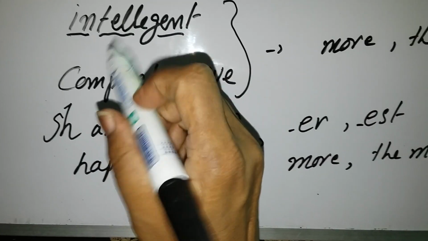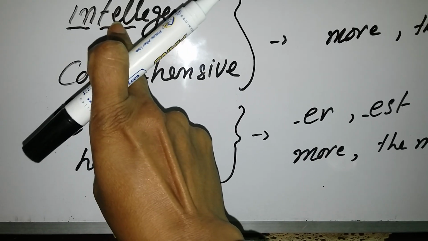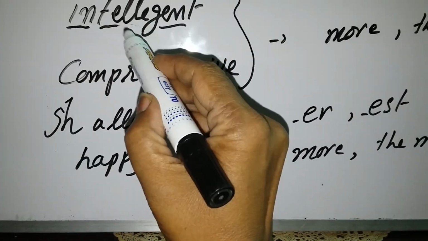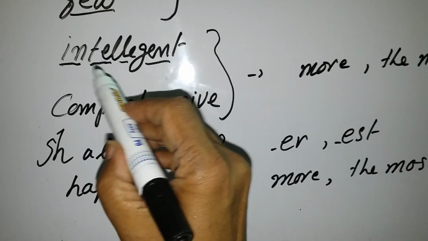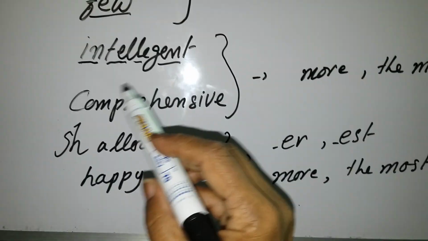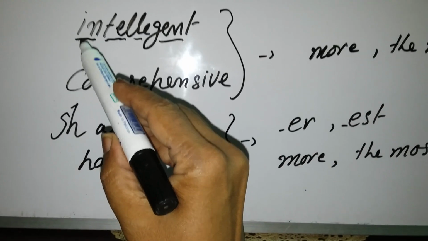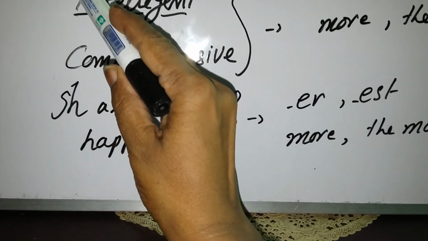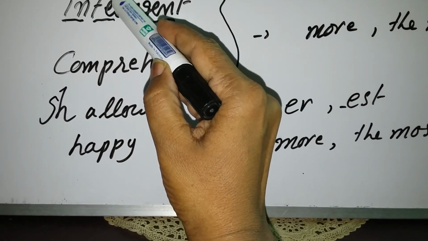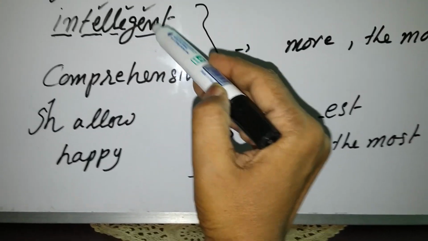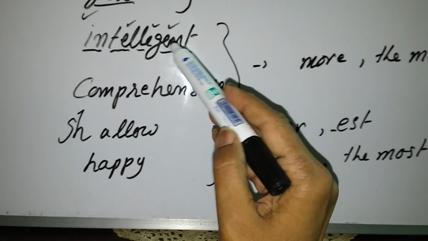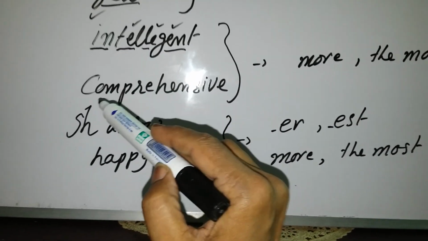And it would be better if you convert it into 4-unit. So it is a 4-unit word or 3-unit word. In each unit you will find a vowel. I, this is a vowel. Tel, e vowel. Li, this vowel. Gent, e vowel again. So this is a 4-unit word. Look at this one.